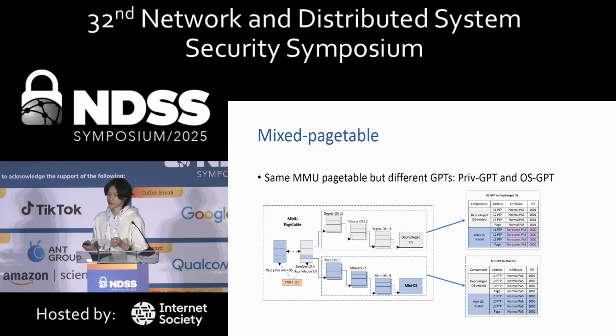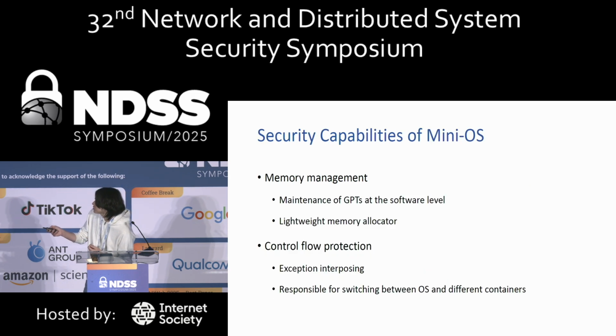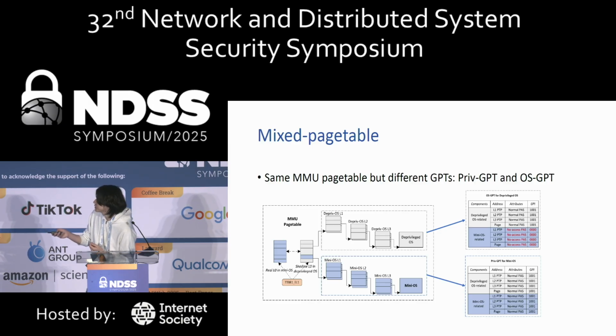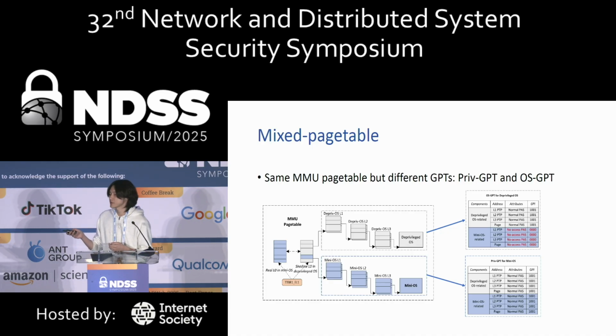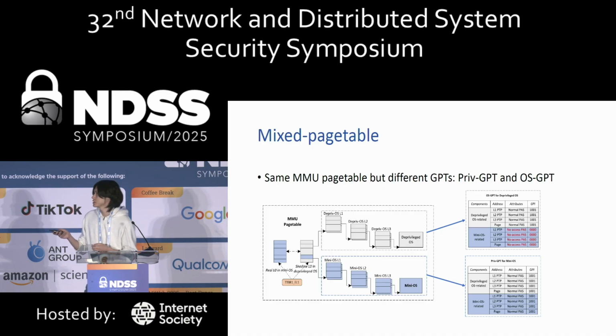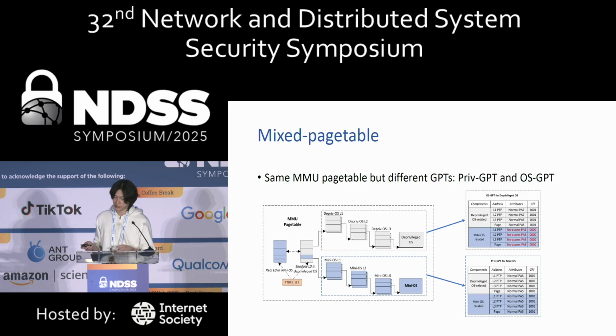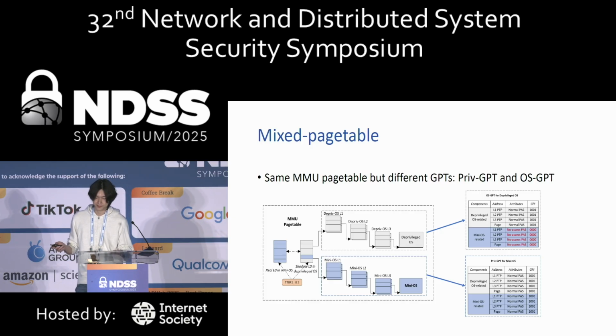For example, the privileged GPT is used by the mini OS, and the OS GPT is used by the traditional OS, also the deprivileged OS. As you can see in this picture, in the OS GPT, the mini OS related memory is set as no access. In this way, the mini OS memory cannot be accessed by the deprivileged OS, keeping things secure.